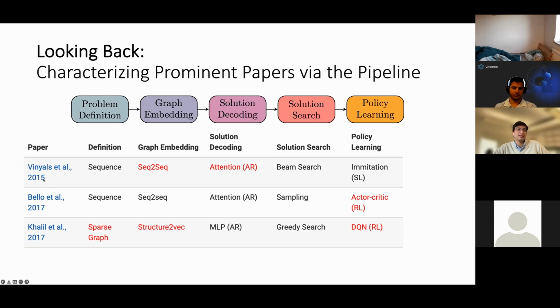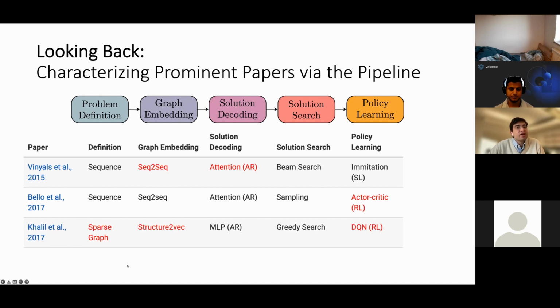So as I was saying, the Vinyals and others' paper basically introduced this whole idea of doing sequence to sequence with a pointer attention decoding to solve combinatorial problems. Bello et al., which is also from Google Brain, basically took the pointer network model and trained it with RL instead. And that led to improved performance and also the subsequent lines of work on chip design as well, I believe.